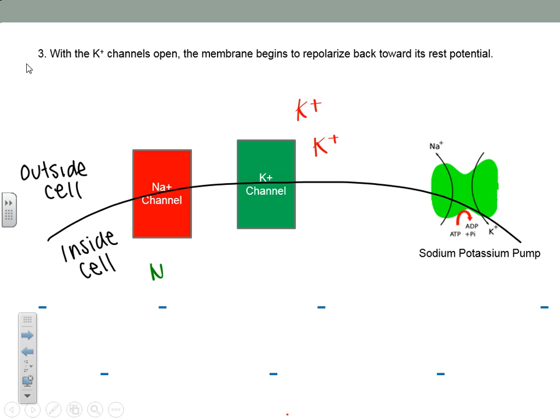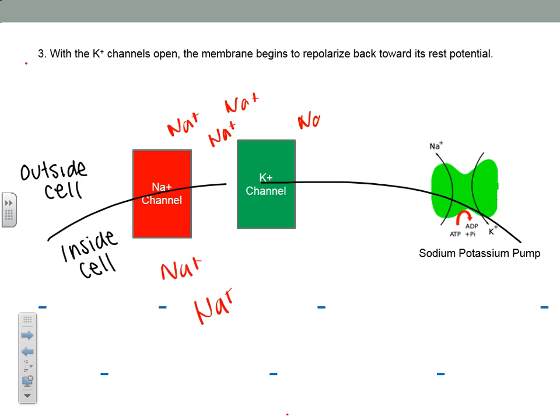I swapped the colors that time. Let me fix that really quick. So we have some of those sodium that had come into the cell from the first step. Okay, we first had that nerve impulse, sodium channels open, they're going to move into the cell. And now we had some of the potassium ions moving out of the cell during repolarization.